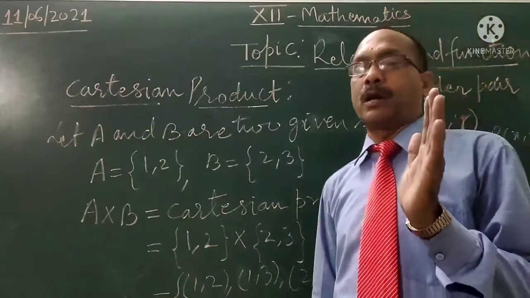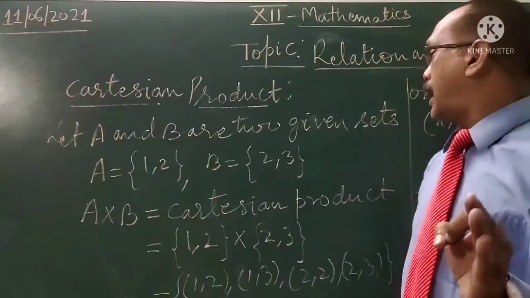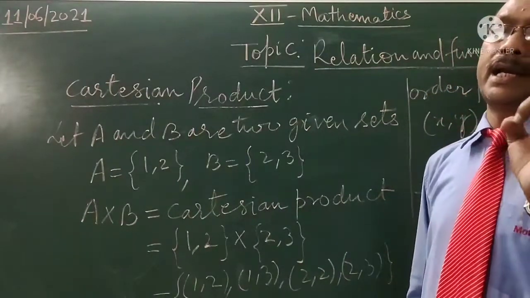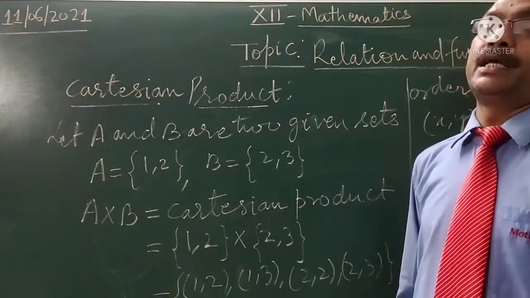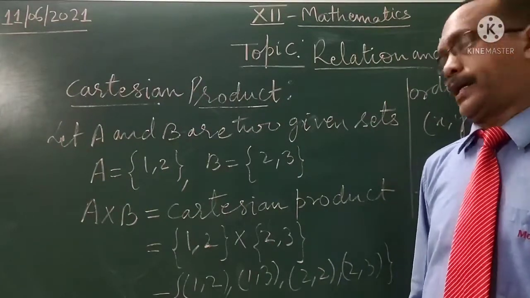Similarly, the ordered triplet is the point in three-dimensional geometry. There are x-axis, y-axis, z-axis. That I will talk about later.